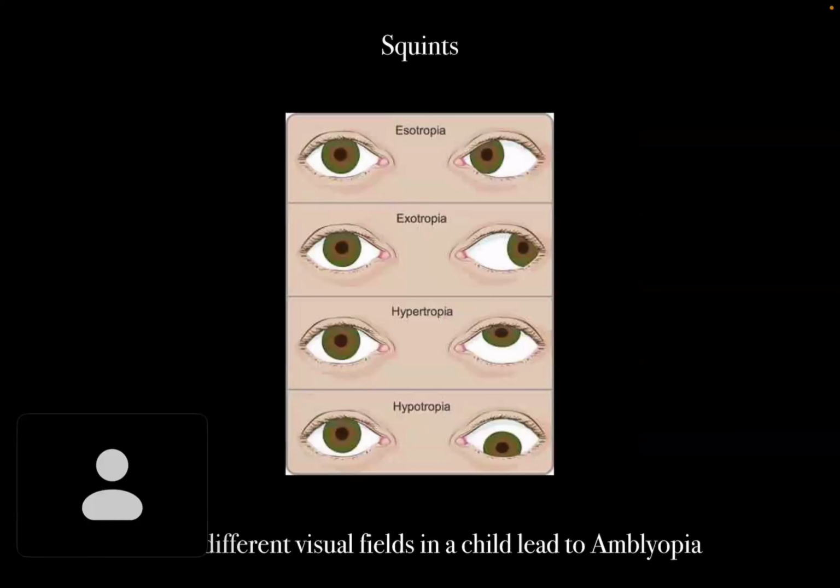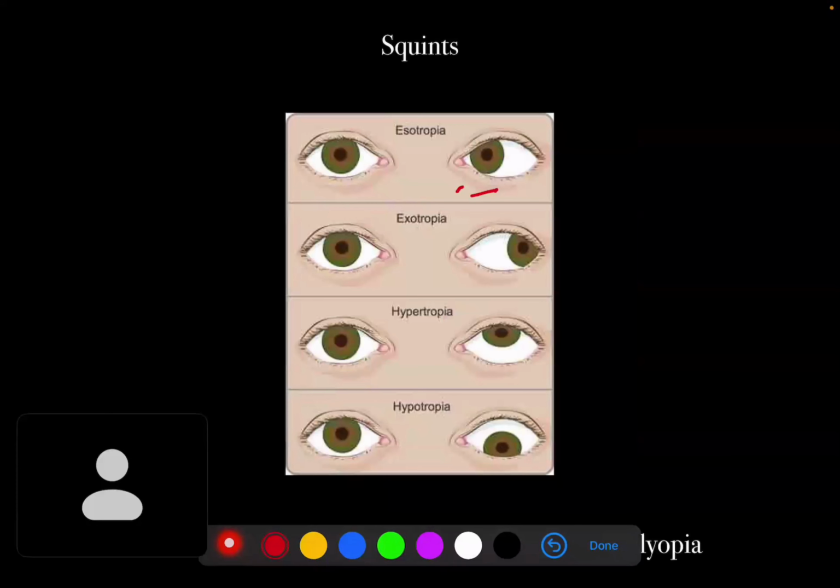So a person has a squint. If he has a squint, what will happen? One eye is turned either inside or outside. Therefore, the two images will be different between the two eyes. In one eye there will be a proper image, and the other may be having some other image.